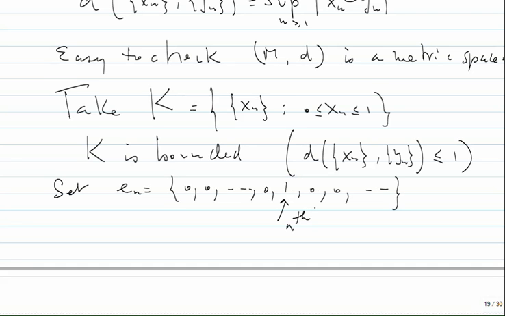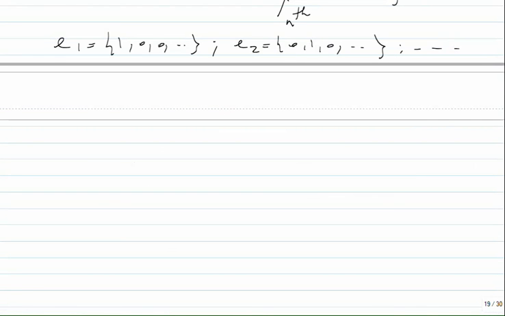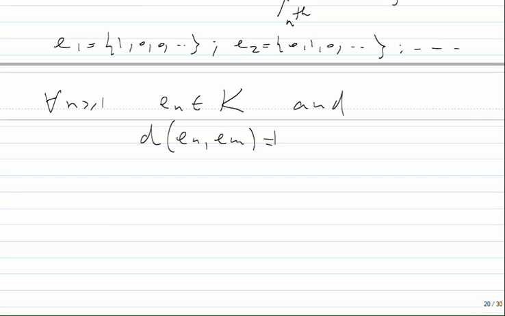So for example, E1 is 1, 0, 0, etc. E2 is 0, 1, 0, etc., etc. Okay, so this sequence En, what we have is, they are all in K. So for every n, En belongs to K. And the distance from En to Em is equal to 1 for n different from m.